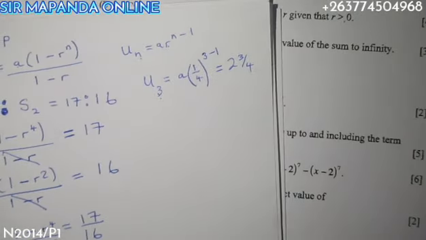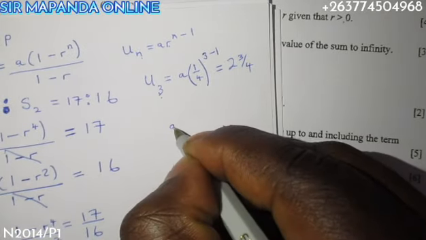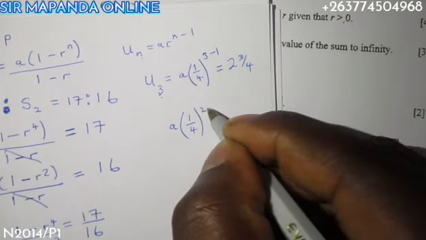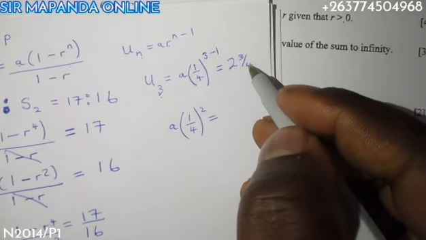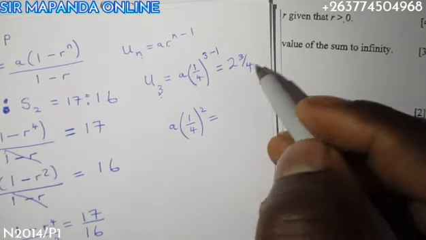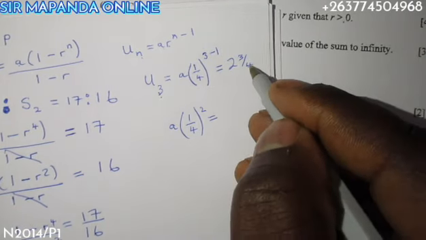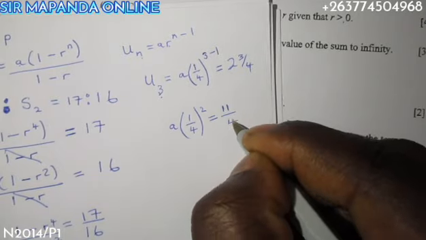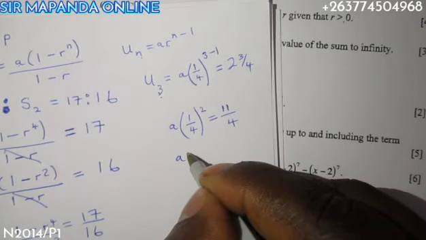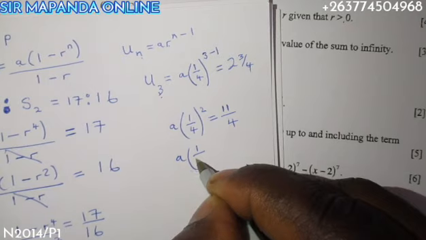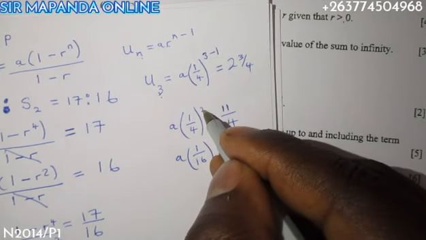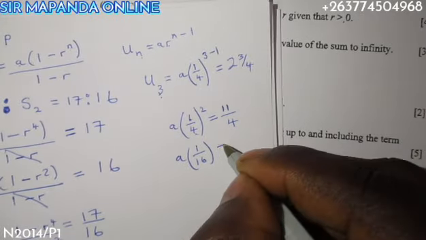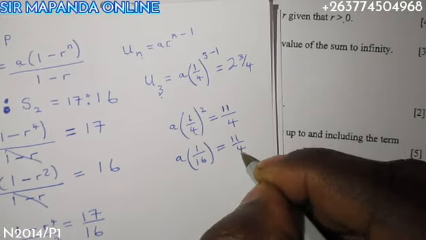Right, so it means a times 1/4 squared is equal to, if we express this as an improper fraction, 4 times 2 is 8 plus 3, you get 11 over 4. You now have a times 1 over 16, since the power 2 raises both the numerator and the denominator, is equal to 11 over 4.